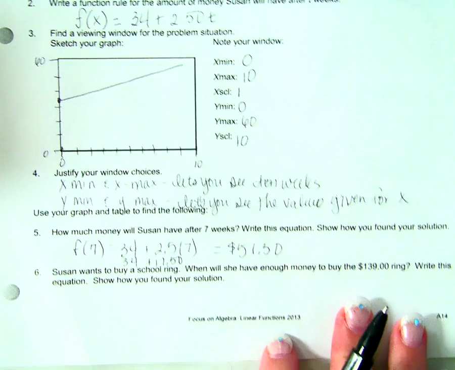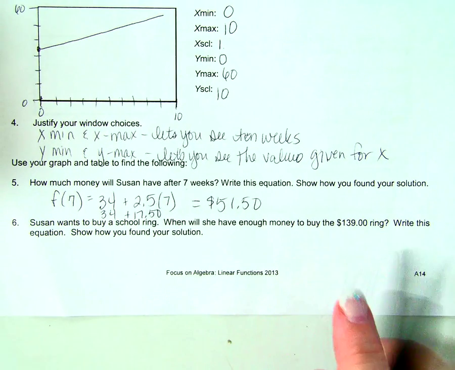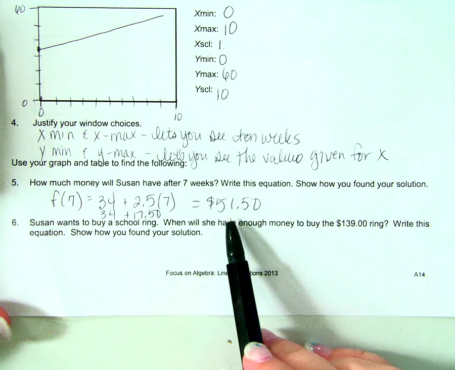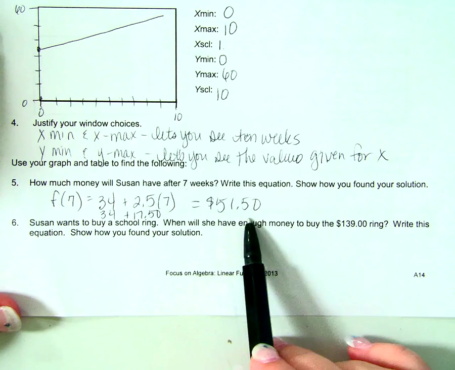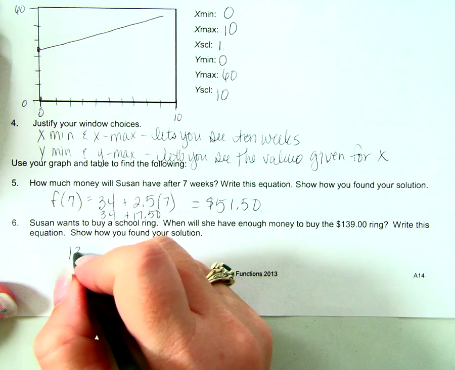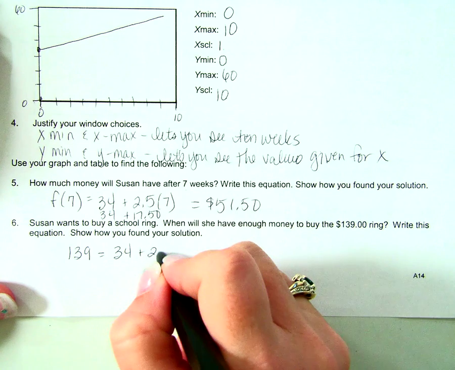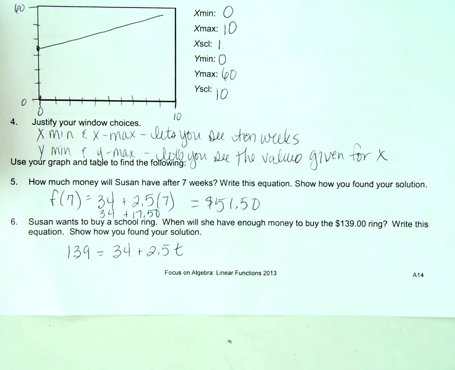Susan wants to buy a school ring. When will she have enough money to buy the $139 ring? How is that different? Yeah, this time we know the money, don't we? So we know the 139. We have to figure out how many weeks. So what are we going to do here?